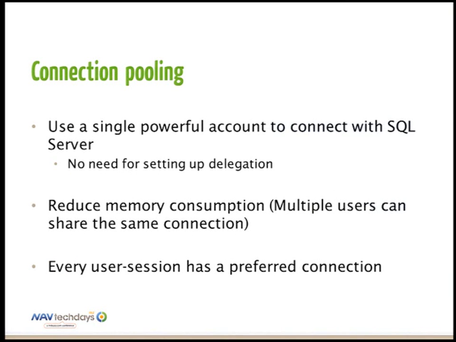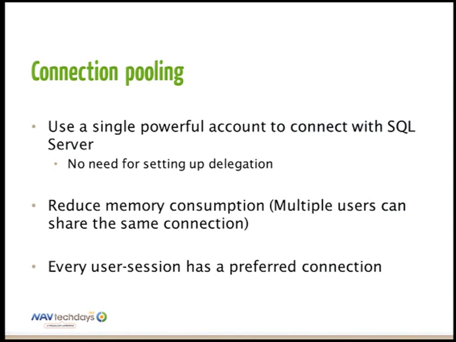So connection pooling basically means that the direct one-to-one mapping from a NAV user to the database is broken. A user asks for a connection whenever he needs it. Most likely he will get the same connection that he got the last time, because that connection is ready and contains all these cached statements and so on.